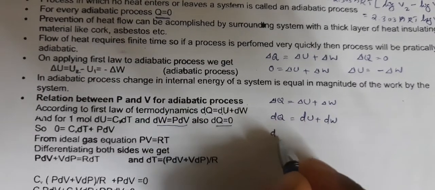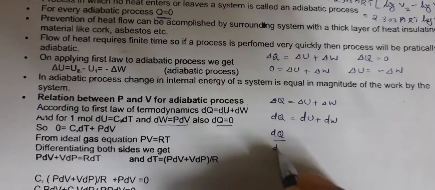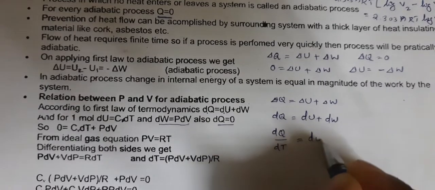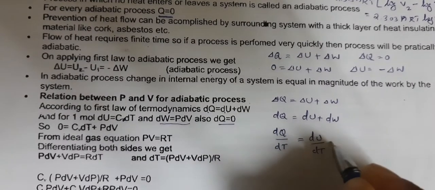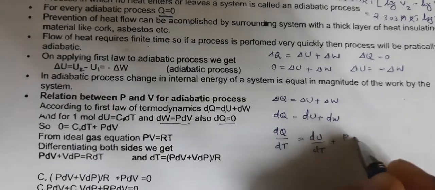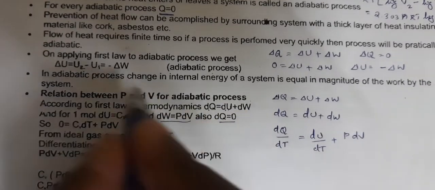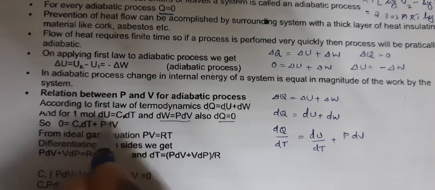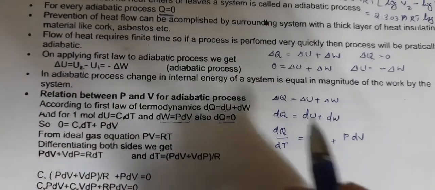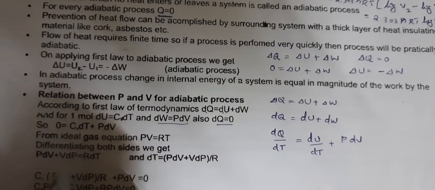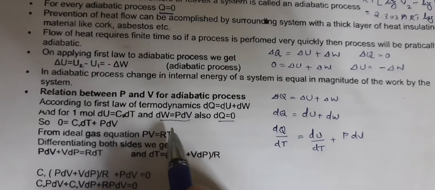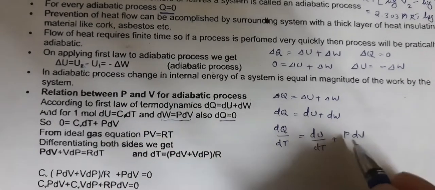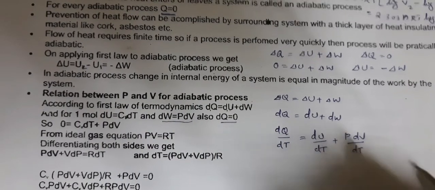Divide this equation by dT, the temperature: dQ by dT is equal to dU by dT plus dW by dT, where work done is P dV, so P dV by dT.